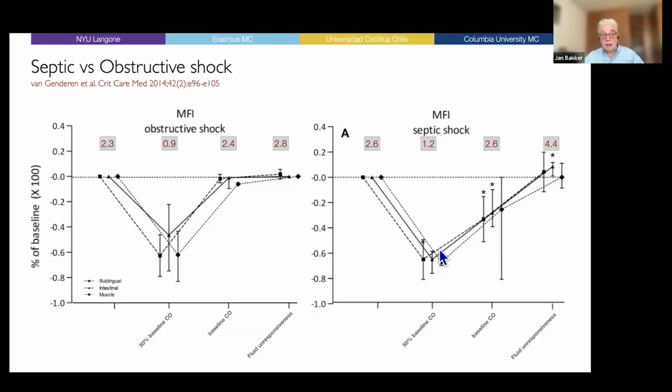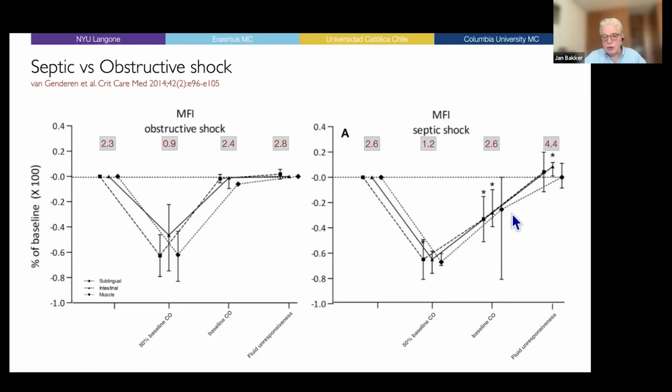And so basically, every septic shock in the very early phase without any fluid resuscitation is a hypovolemic, is a hypoperfusion shock. Not hypovolemic because fluid doesn't disappear. The fluid is still there, but it's not functional in a way that it contributes to venous return.